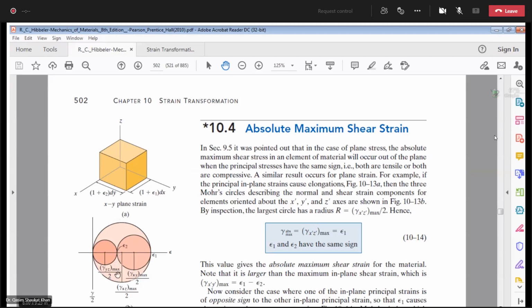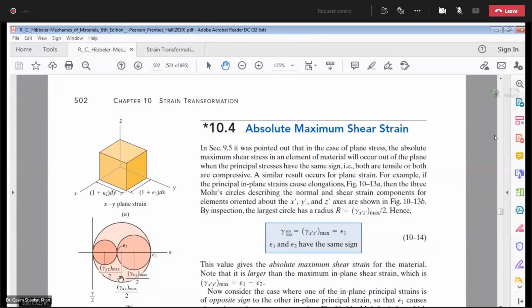The absolute maximum shear stress and the maximum in-plane shear stress will be different. The maximum in-plane shear stress includes sigma 1 and sigma 2 both. This is what we have studied. So the absolute maximum shear stress lies in the plane xz, so it is considered out of the plane.